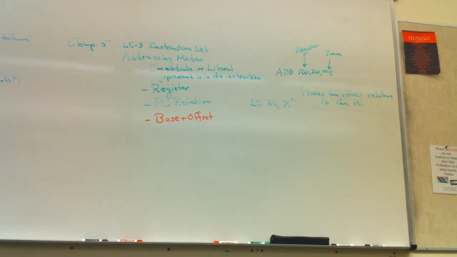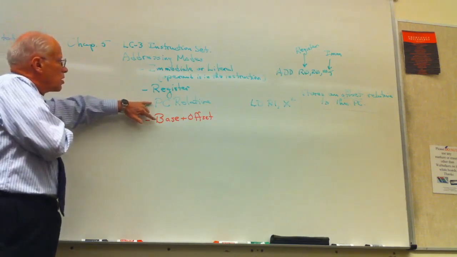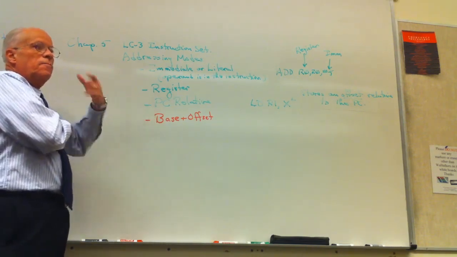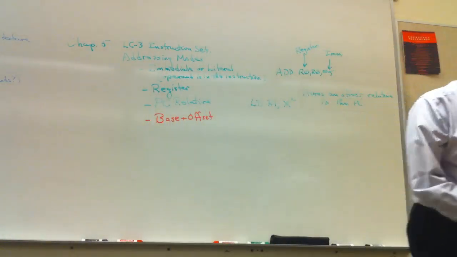There's a base plus offset, which works very much like the PC relative, except that it doesn't use the program counter. It uses a specified register. Distinguishing between these two is actually done in the opcode of the instruction.